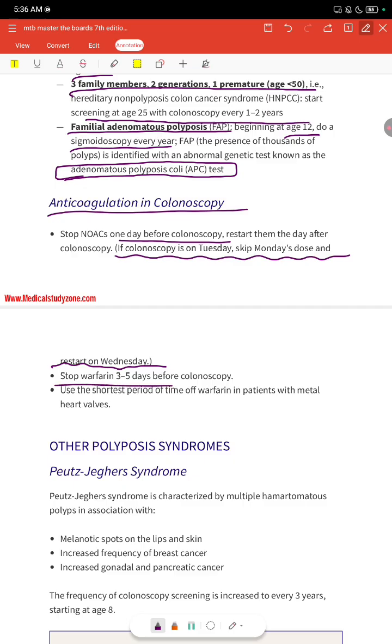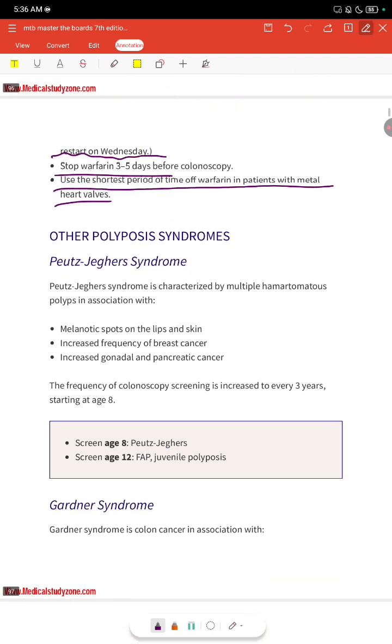Use the shortest period off warfarin in patients with metal heart valves, because you need warfarin there. So try to keep the time off warfarin as short as possible.